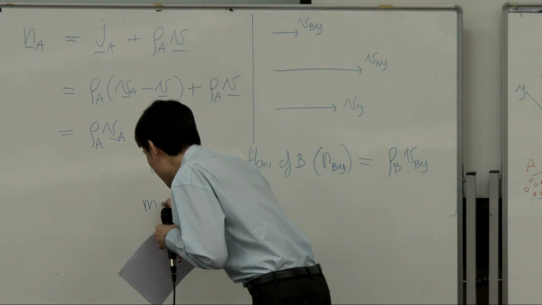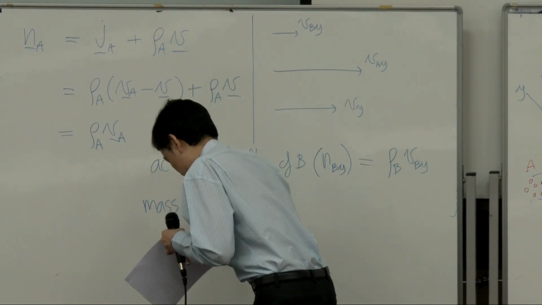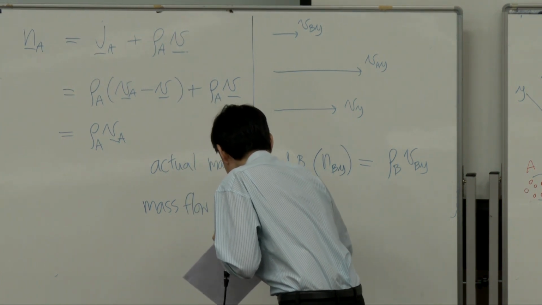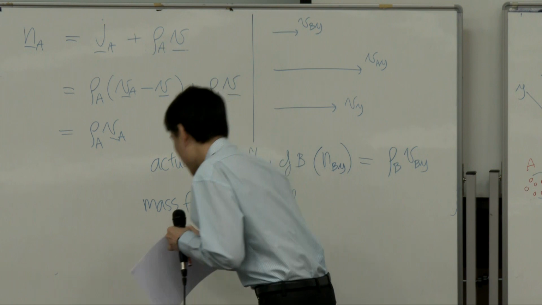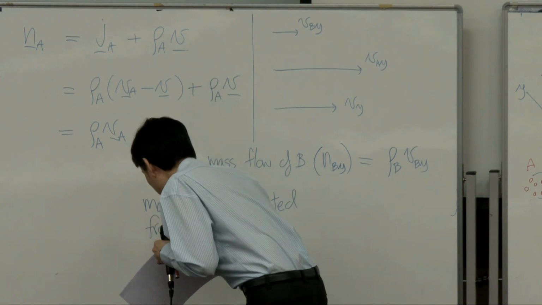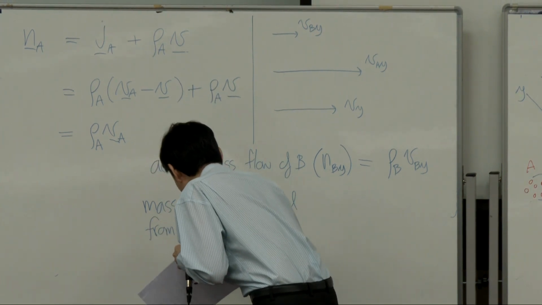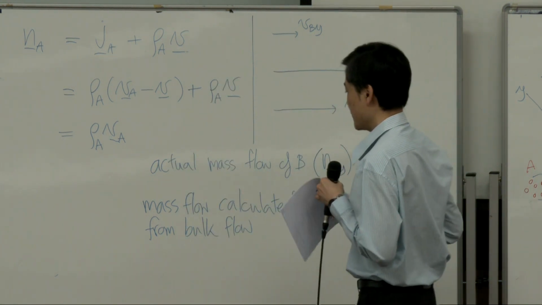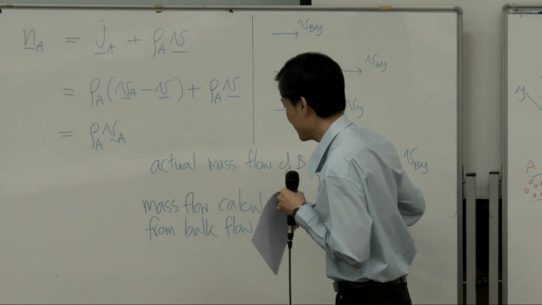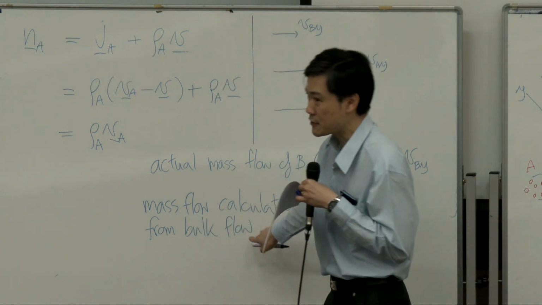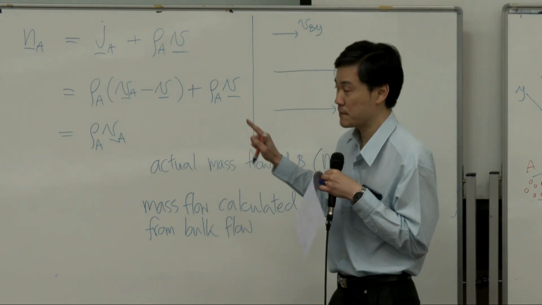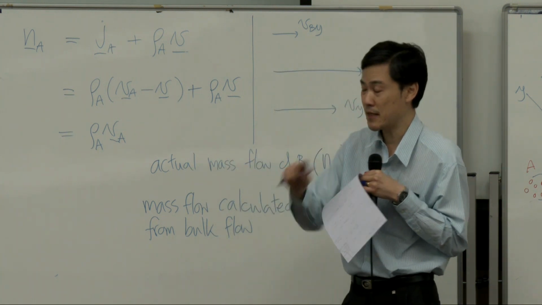However, if I use mass flow calculated from bulk flow, so in this case, if I consider bulk flow, that means if I assume that B itself does not move, okay, just like plastic bead.